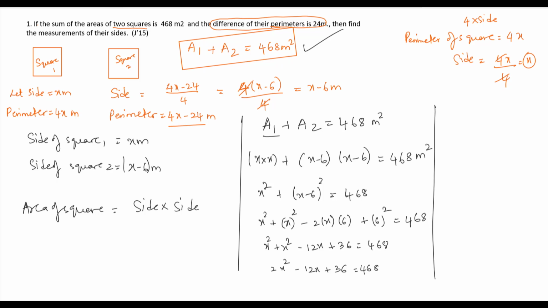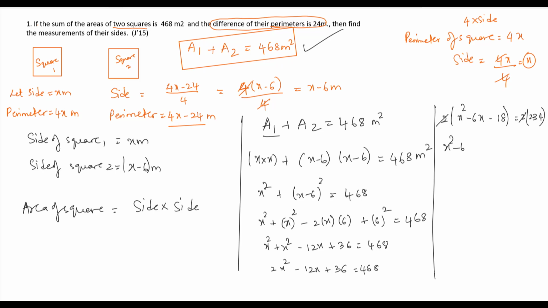Then taking 2 as common from this equation, we'll get x square minus 6x plus 18, which is equal to 2 common from the right hand side as well. We'll get 234. This 2 gets cancelled.